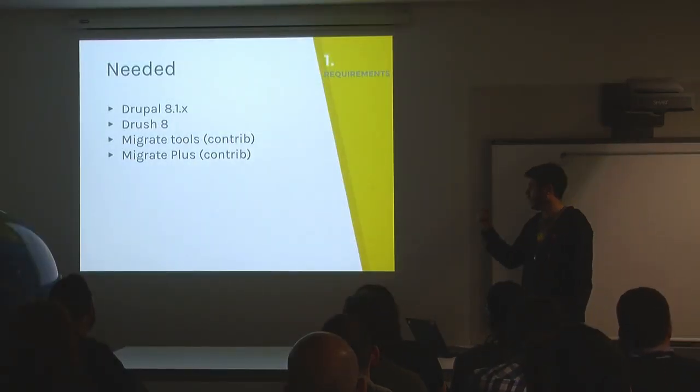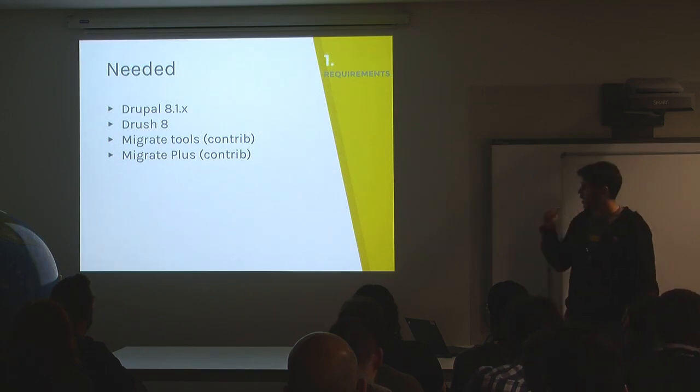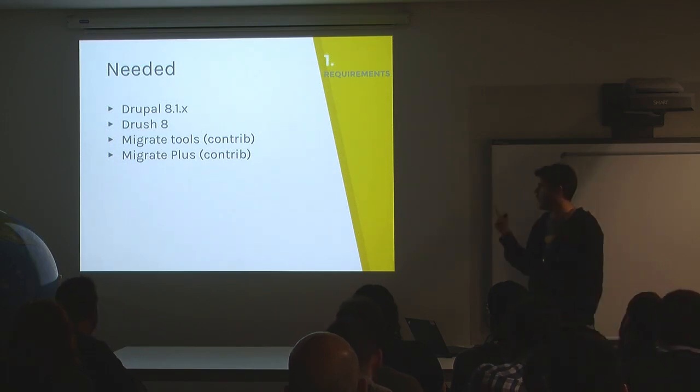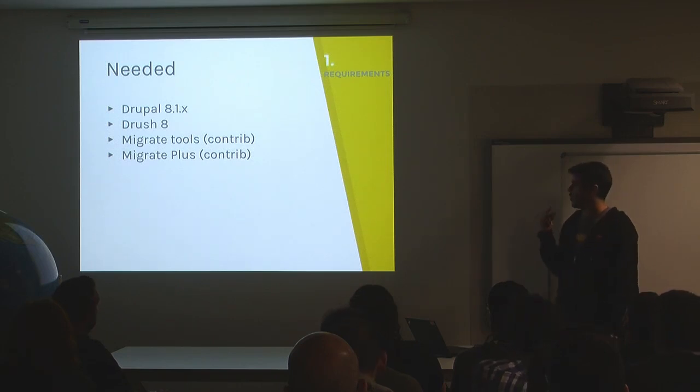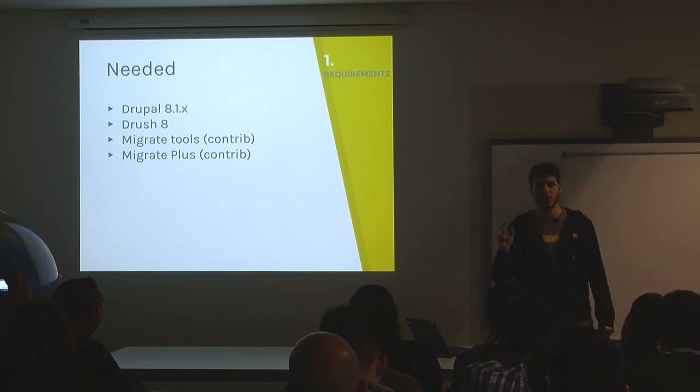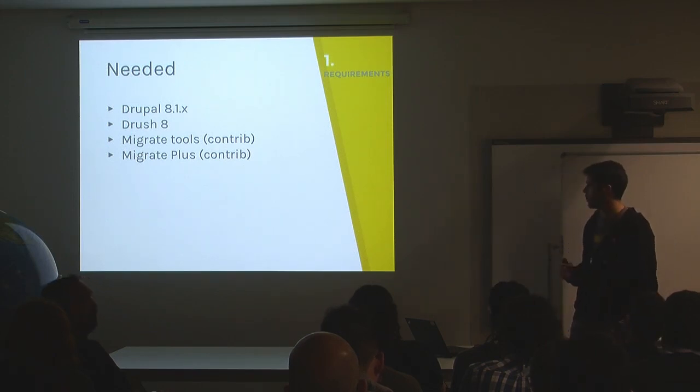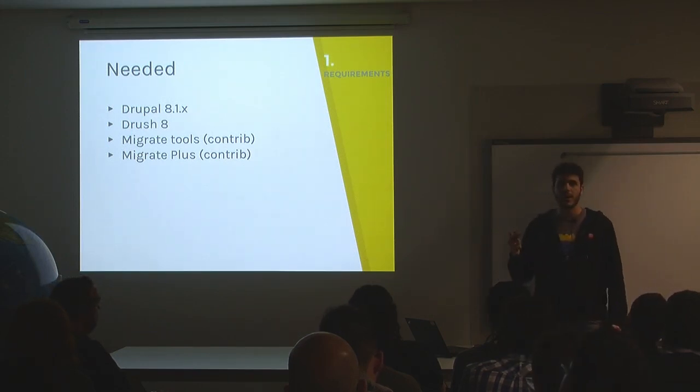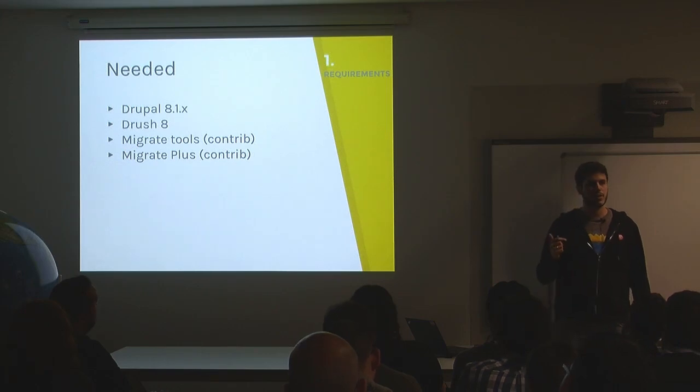You need these modules: Drupal 8.1, Drush 8, the last version of Drush 8, Migrate Tools, and Migrate Plus. Migrate Plus is now required for migration because they use some libraries from Migrate Plus, and Migrate Tools is required for the Drush command, okay, to execute that migration.